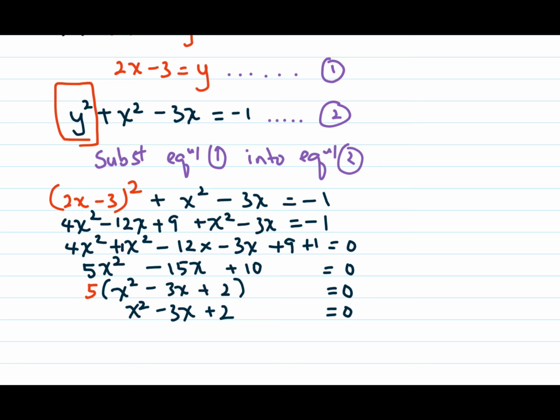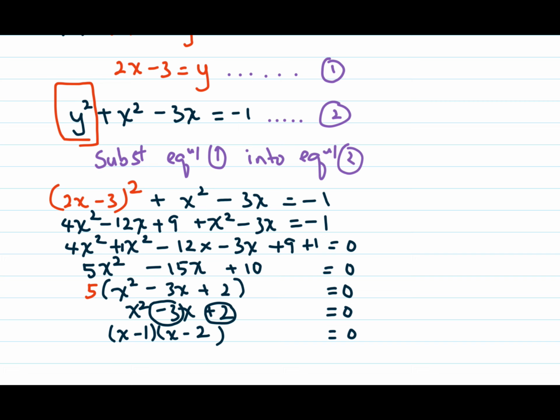Now we need to factorize this. So we open two brackets and put x in each bracket. Then we look for factors of positive 2 that, when we multiply them, we get positive 2, and when we add them, we get negative 3. We'll see that those two factors are negative 1 and negative 2.